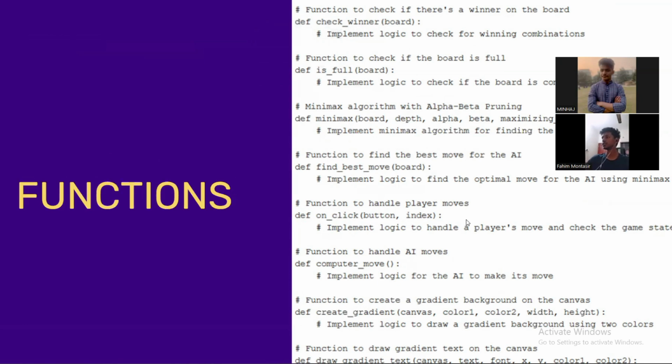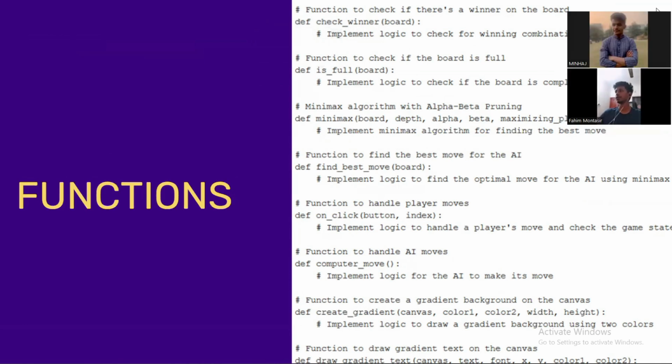So this snippet, we use the Python code here, and first of all, we check if there is a winner on the board by verifying winning combinations. This is the check winner function for the board, and the second one is a function to check if the board is full. So we check here if the board is full, indicating a draw if there is no winner.